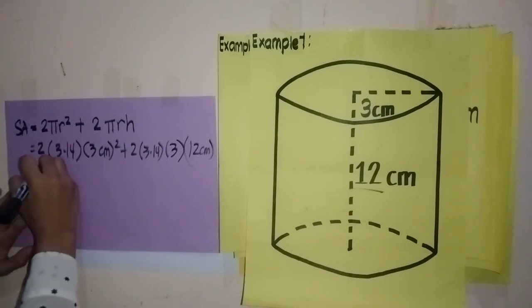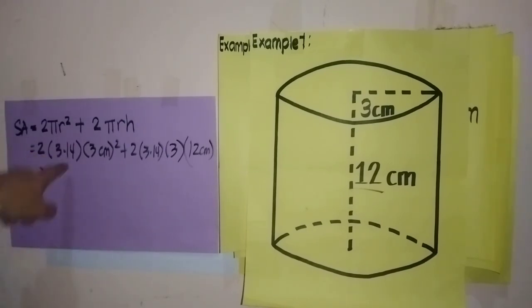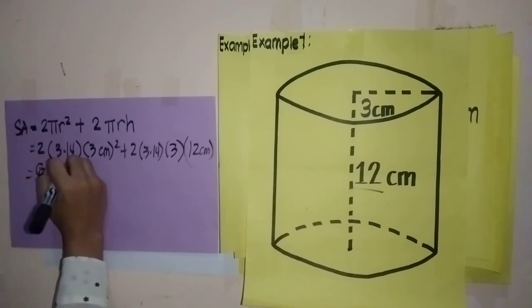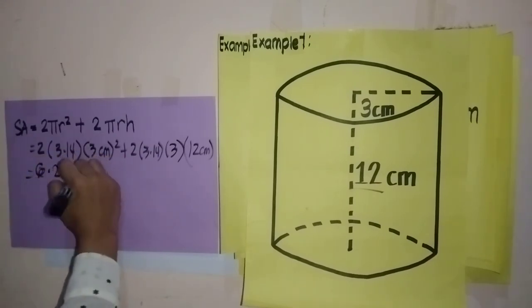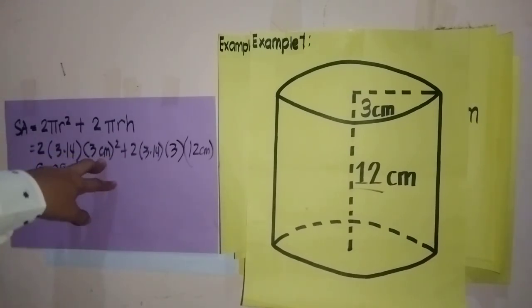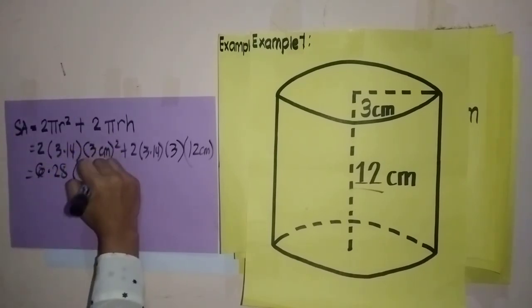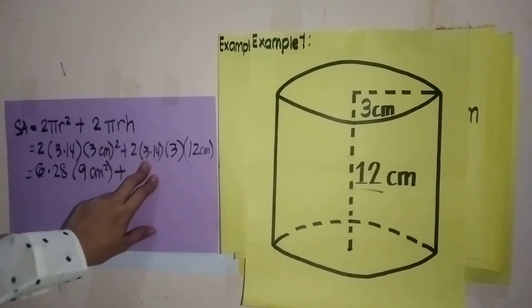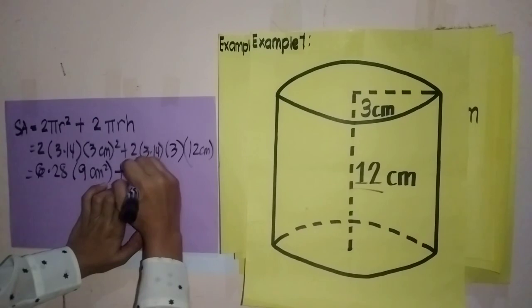So 2 times 3.14 is equal to 6.28, times 3 squared, and 3 squared is equal to 9. So 2 times 3.14 is equal to 6.28.